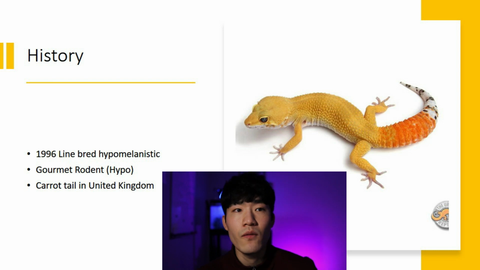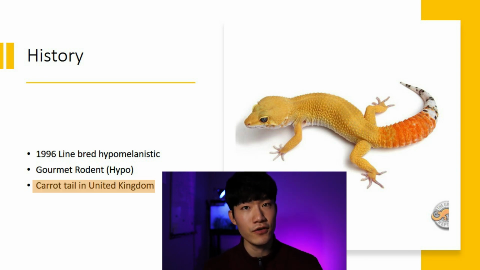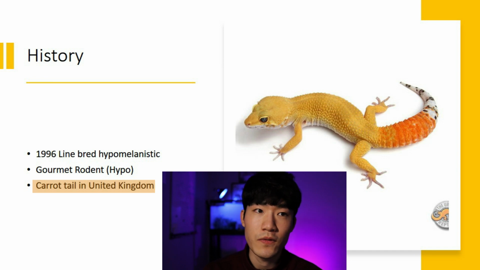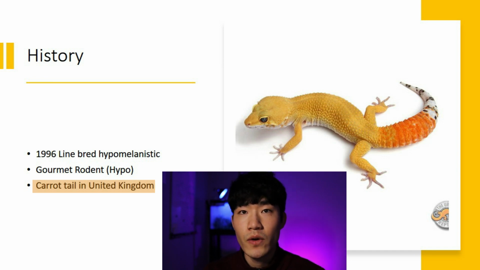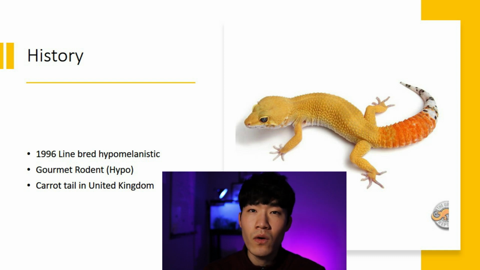And thirdly, when the tangerine was going super popular, booming, and a lot of people were getting into it, at that time another UK breeder was also working with the carrot-tail part. For those who may not know what the carrot-tail is, when you look at my example photo on my slide, you see that orange color on its tail. That's a carrot-tail.